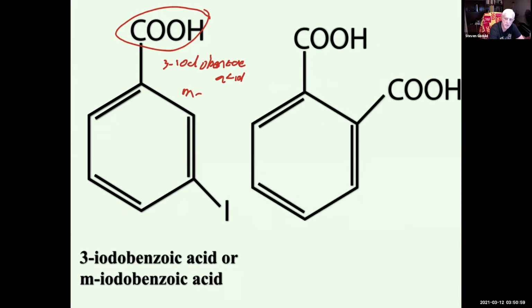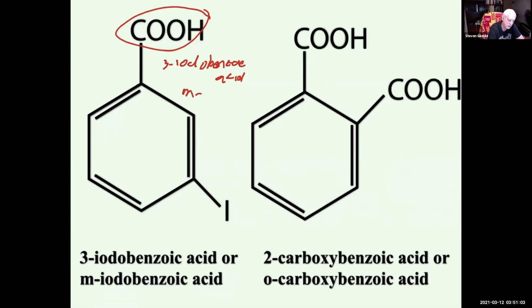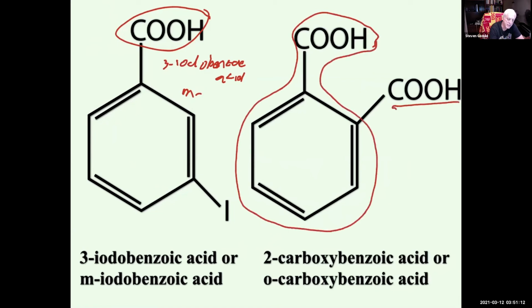And then the dicarboxylic acids that we named. Okay, that would be 2-carboxy benzoic acid. So this means there's a carboxy group on this one. So here's your benzoic acid, and then you have a carboxy attachment to it, and that's at the number 2 position.